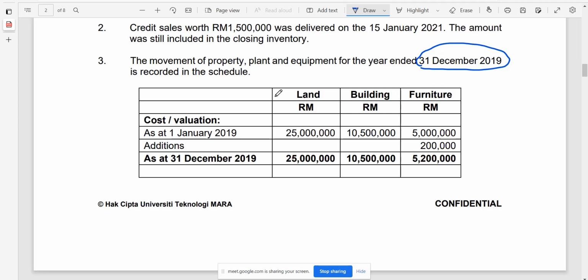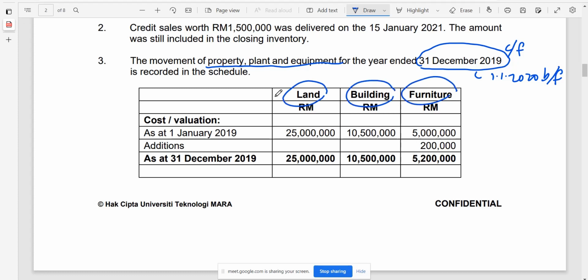The beginning of the year here would be 1st of January 2020, which was carried forward and is now brought forward. These are the items that show the breakdown of the carrying amount of the PPE. It consists of land, building, and furniture.